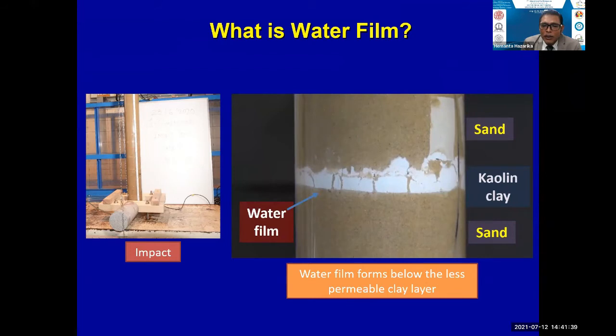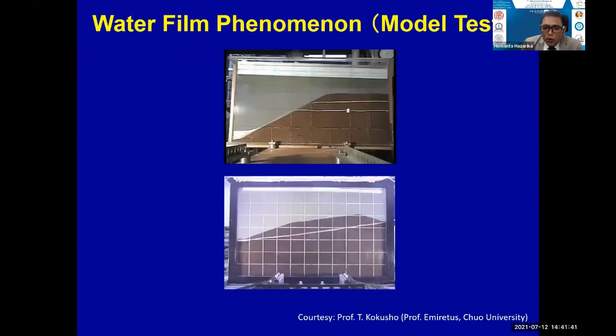Okay, actually, Professor Kokusho did a lot of studies before that. He conducted some model tests on water film. You can see this clay layer, two double clay layers, the embankment here, one single clay layer, sloped ground. You can see here how the flow is taking place.